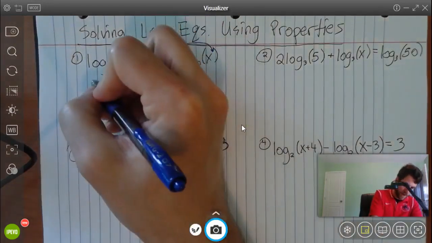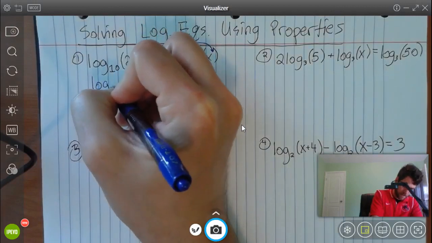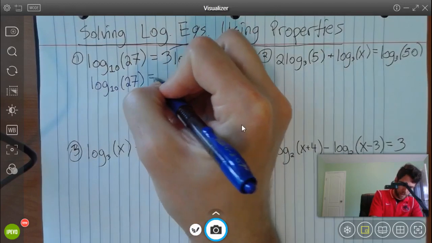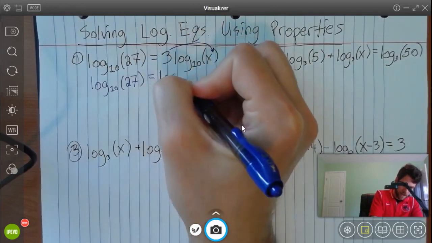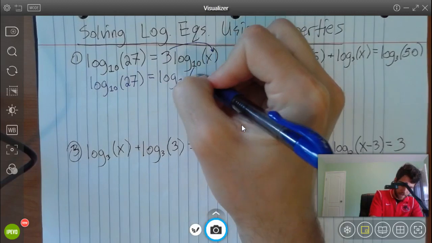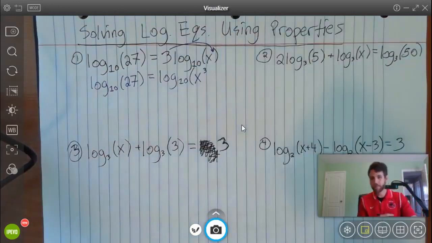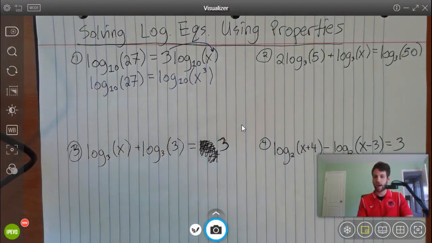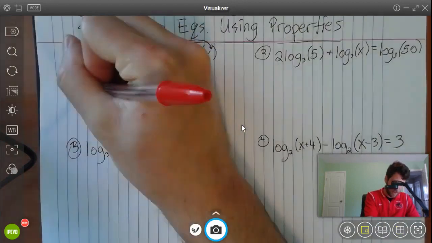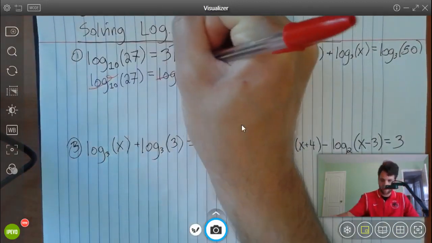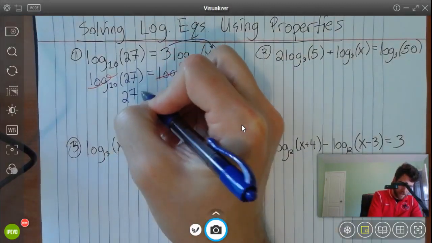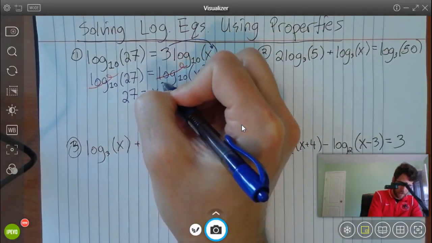And so we would write everything again as log base 10 of 27 equals log base 10 of x cubed. Now that we have a log base 10 on both sides with nothing else, we can just get rid of these two logarithms. And we now know that 27 is equal to x cubed.